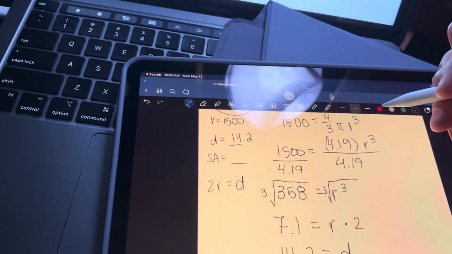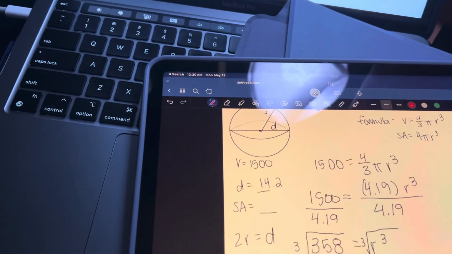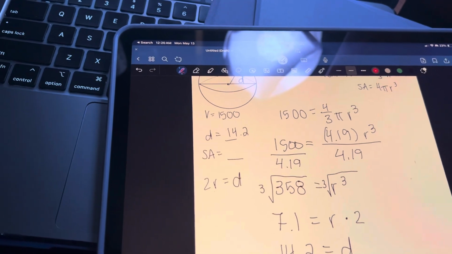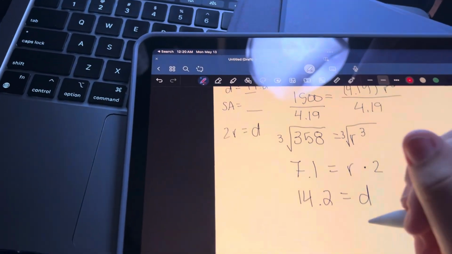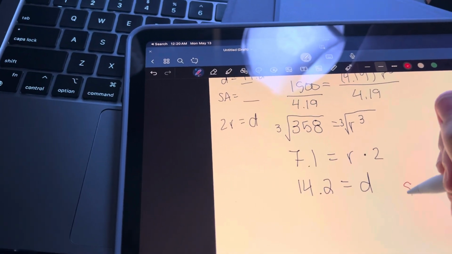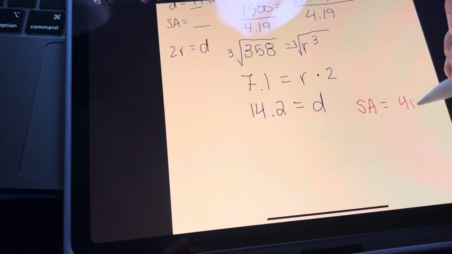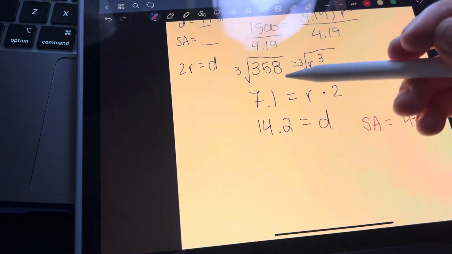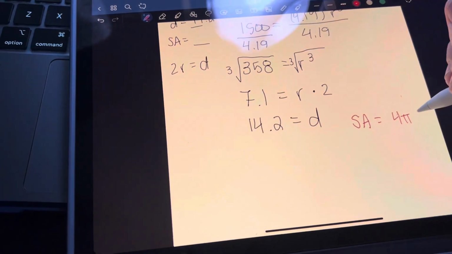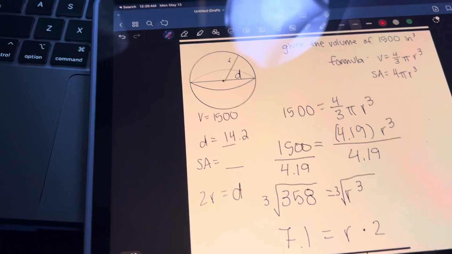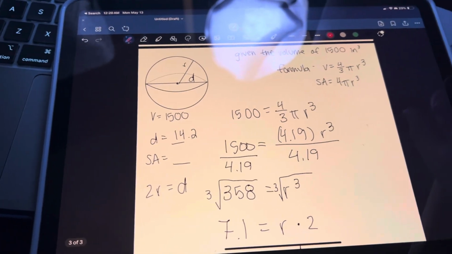I'll just do a different color. So for this one, for surface area, we need 4 pi r. So surface area equals 4 pi r, where our radius is 7.1. And I believe that is cubed. Is that cubed?